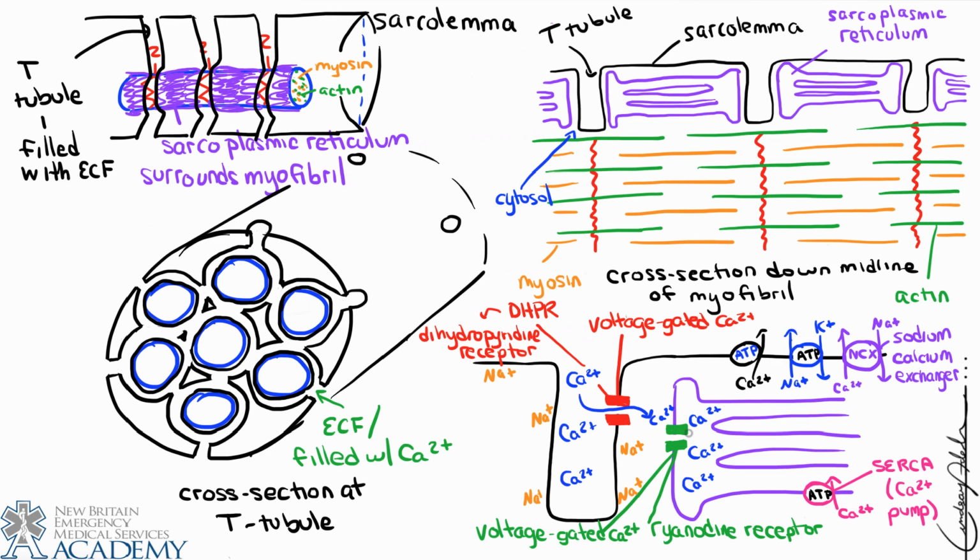And then the calcium is increasing the positive charge in this vicinity, which is also near the second voltage-gated calcium channel that is present in the sarcoplasmic reticulum membrane.